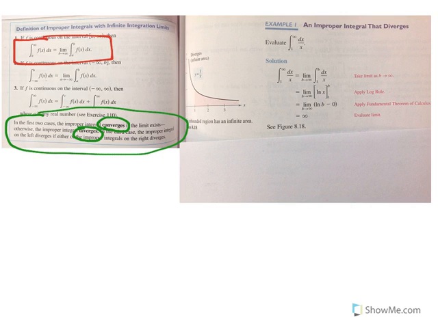And when you do that, you will have the limit of natural log of b as b approaches infinity, which is infinity. So it's not a number, the limit does not exist, the improper integral diverges.